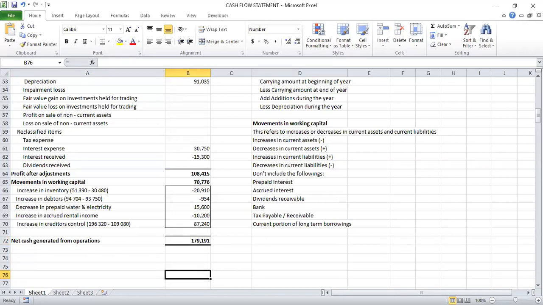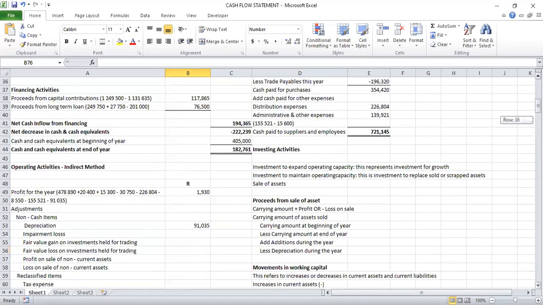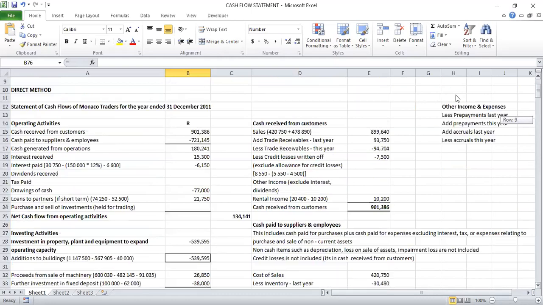So this is supposed to give us the same figure as this one. There's a difference here. What's happening? 180,241.